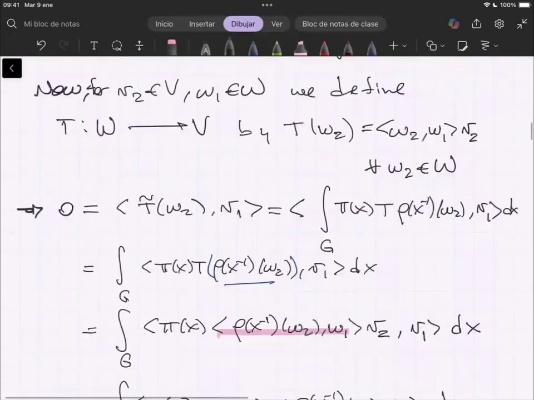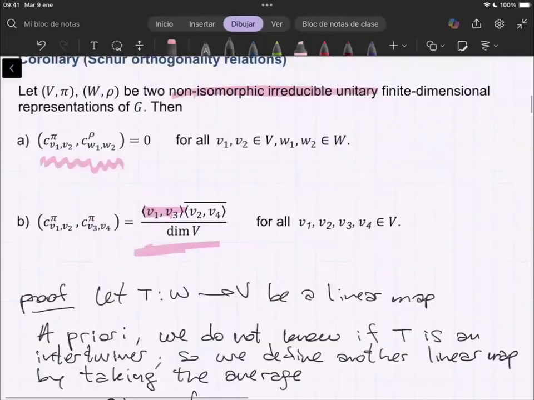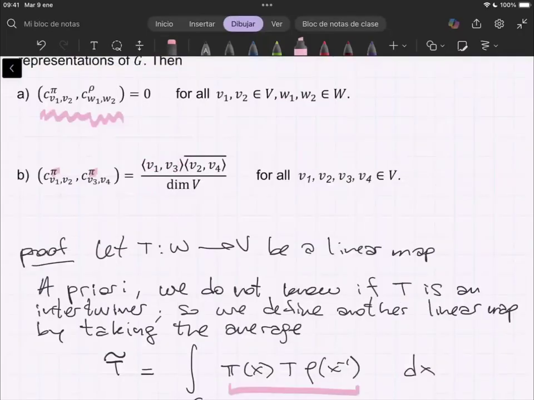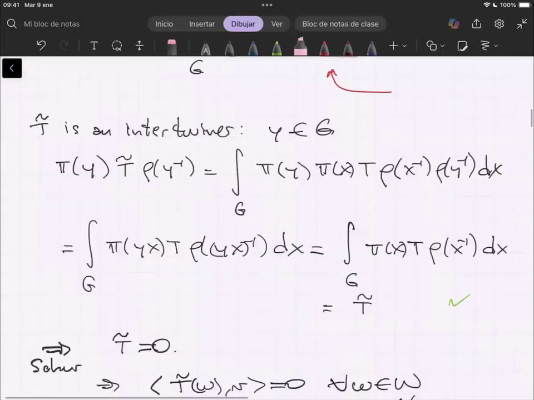There, here, the inner product between two matrix coefficients. Then we get this formula, but the basis elements we are taking are part of our orthonormal basis. So this product is 0 if B1 is not B3 and B2 is not B4, and 1 if they are the same. So if they are the same, we get what we're looking for.